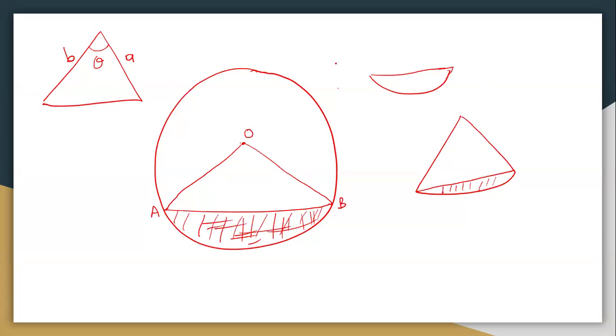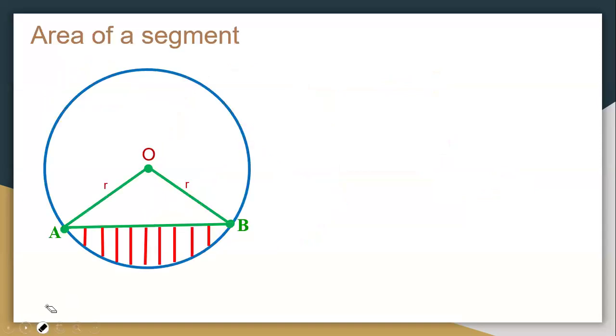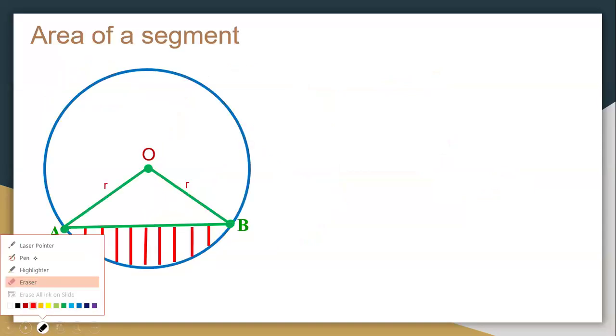Okay, yeah. Now let us remind ourselves, because now we are going to apply that knowledge of trigonometry 2. In your trigonometry 2, you learned about triangles, how to find the area of any triangle when there are angles inside.